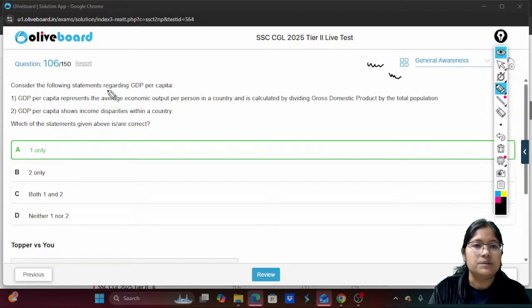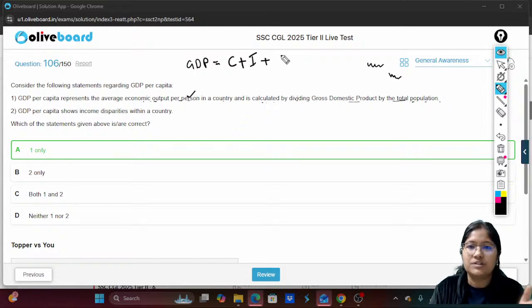Consider the following statements regarding GDP per capita. Last session also, when there was the live test, we got a question from GDP. So I hope all of you have by-hearted the formula from that session. GDP per capita represents the average economic output per person in a country and is calculated by dividing gross domestic product, which is households consumption plus investment, plus whatever export we have done minus whatever imports we have done.